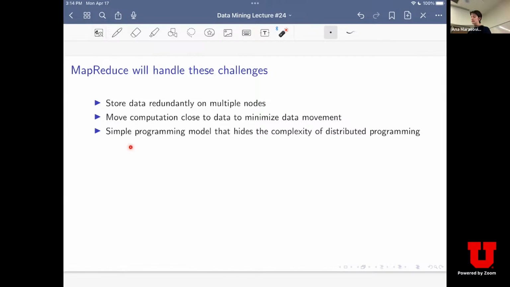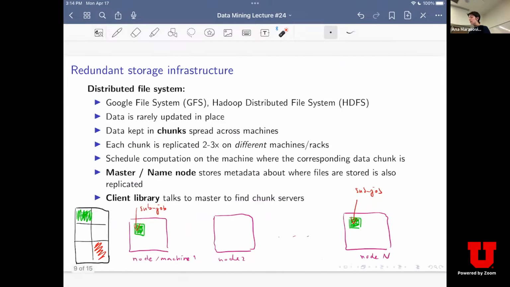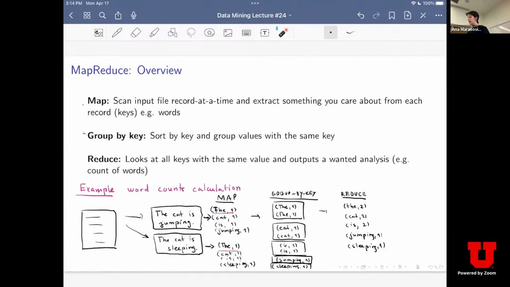And then I said there is this problem of distributed programming, and that's kind of hard to illustrate, but basically in the actual MapReduce software, when you use it, you have that master node and everything, but once you figure out how to approach your problem as a MapReduce problem, you don't need to worry about how you are going to distribute the subjobs you have designed onto these different nodes.